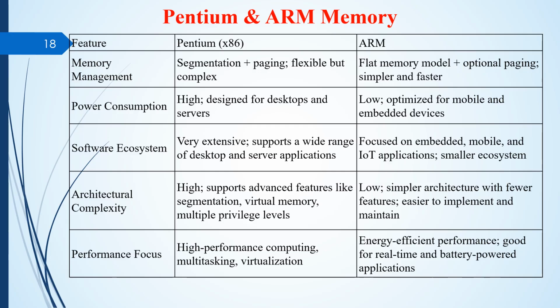In terms of architectural complexity, Pentium is high, supports advanced features like segmentation, virtual memory, and multiple privilege levels. ARM architectural complexity is low, a simpler architecture with fewer features, easier to implement and maintain.